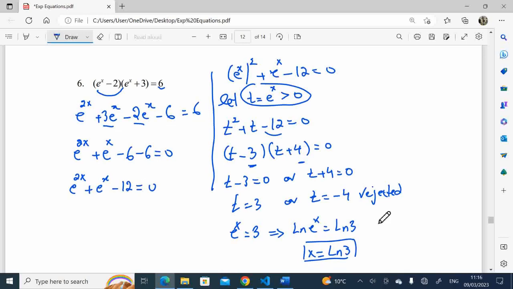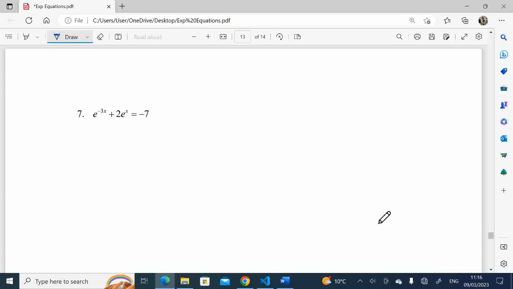If we go now to equation number 7, in equation number 7 we have e^(-3x) plus 2e^x equal minus 7. In order to solve this equation, first I need you to recall that e^x is strictly positive for all x, right?